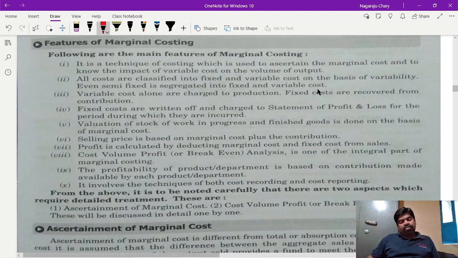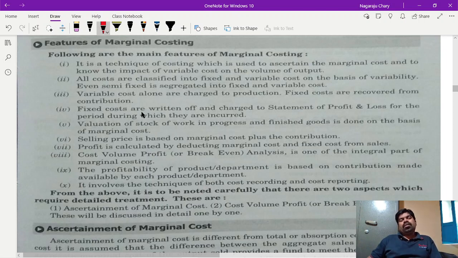So when we take classification of cost, there is fixed cost, variable cost, and mixed cost. In mixed cost, we have fixed cost and variable cost. So all the segregations are possible. If fixed cost is there, variable cost is there.